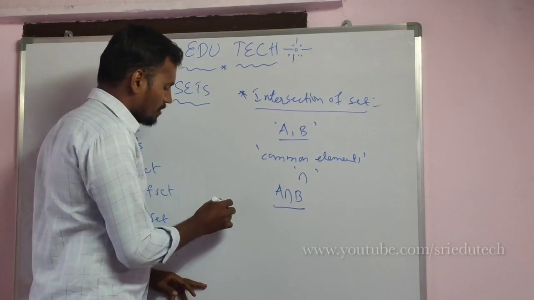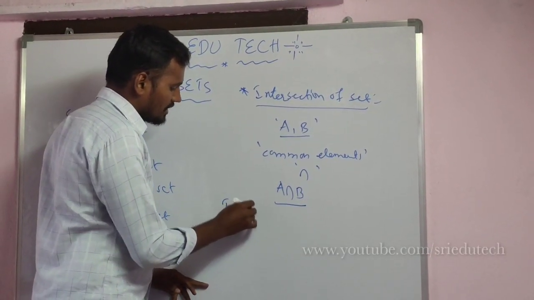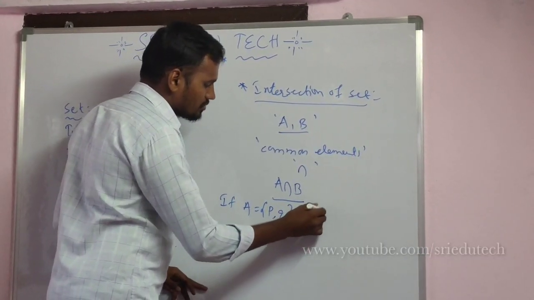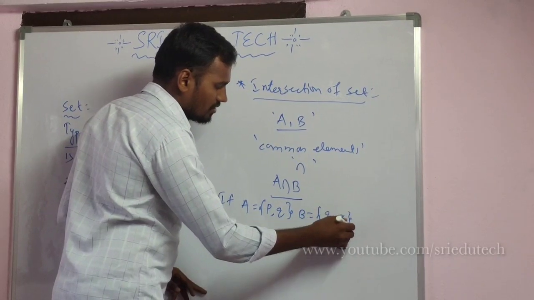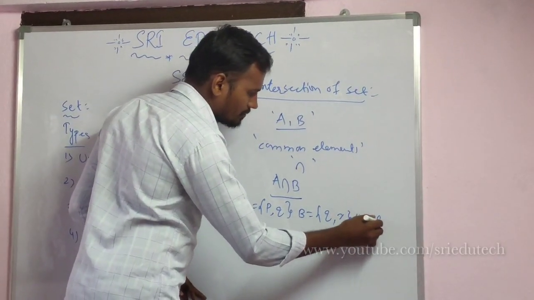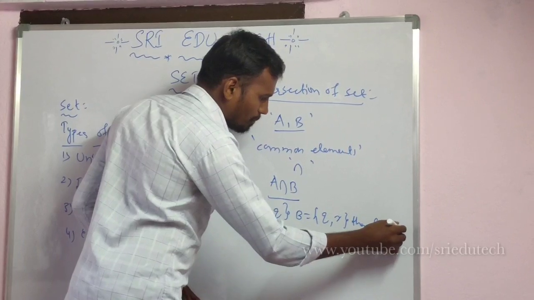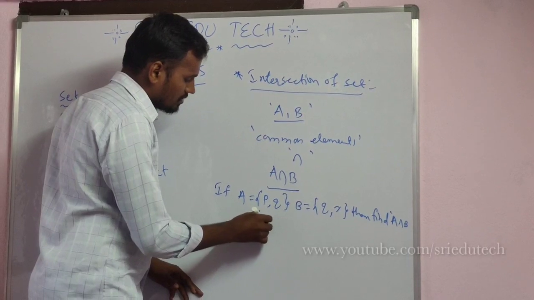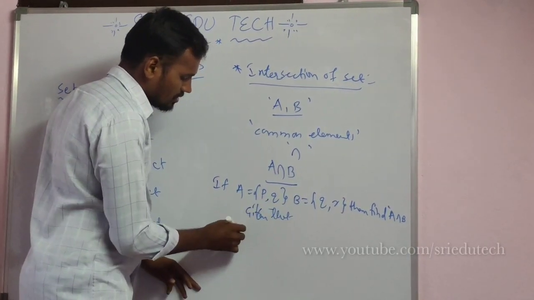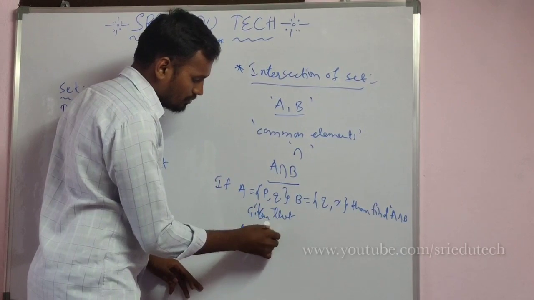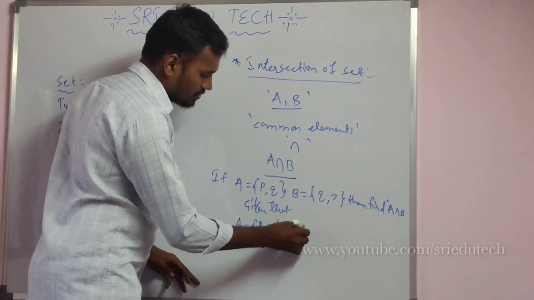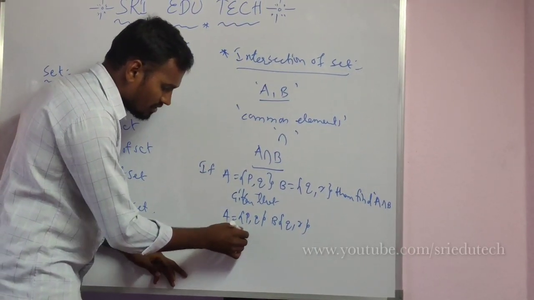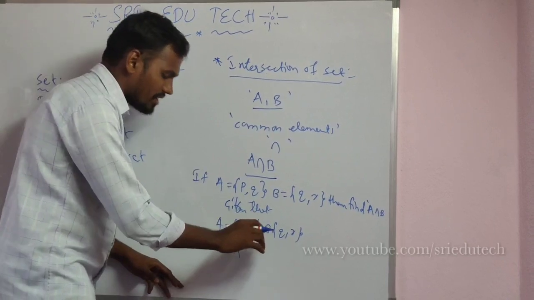And I am taking an example. If A equals P, Q, and B equals Q, R, then find A cap B. Given that A equals P, Q and B equals Q, R. Now I am doing A cap B. A cap B means the common elements.